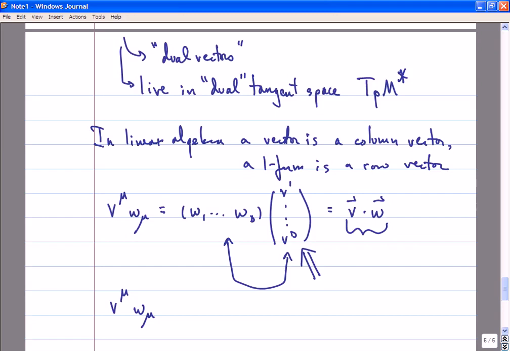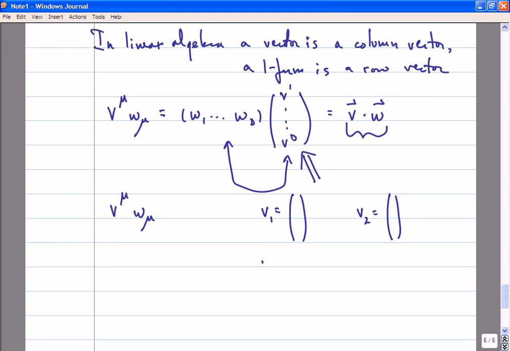However, if I were to use matrix notation, linear algebra notation, then you could let v1 denote a column vector and v2 denote another column vector. And then you could talk about something like v1 transpose, which is a row vector. You could talk about v1 transpose multiplied by v2 using the usual rules of matrix multiplication.